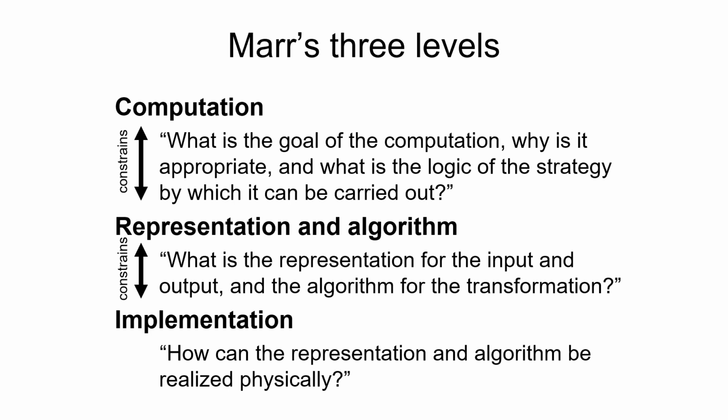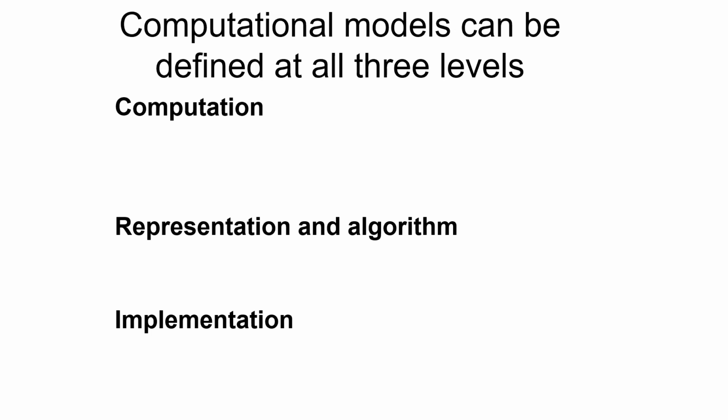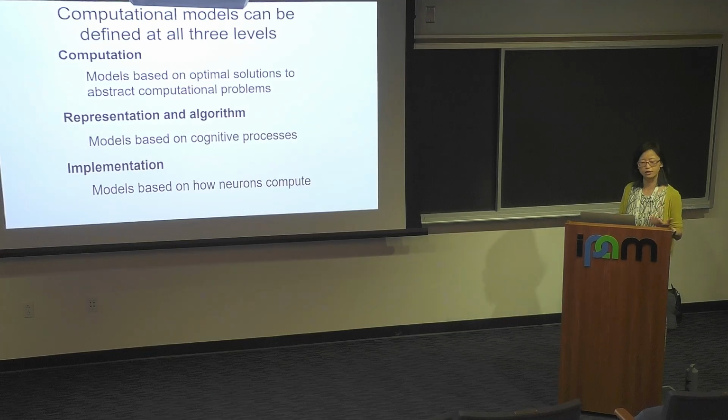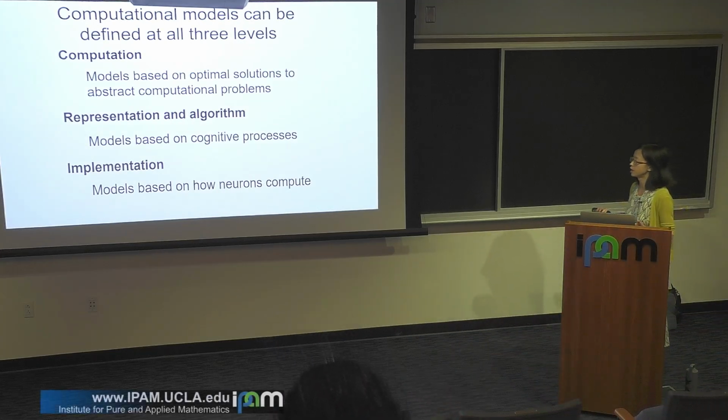Also, when we talk about mathematical models in psychology, they could also be built at all these 3 different levels. At the computational level, you mainly figure out what will be the optimal solution. For these types of tasks, you can compare with the human performance to try to find out if humans have suboptimal performance, and where this suboptimality comes from.